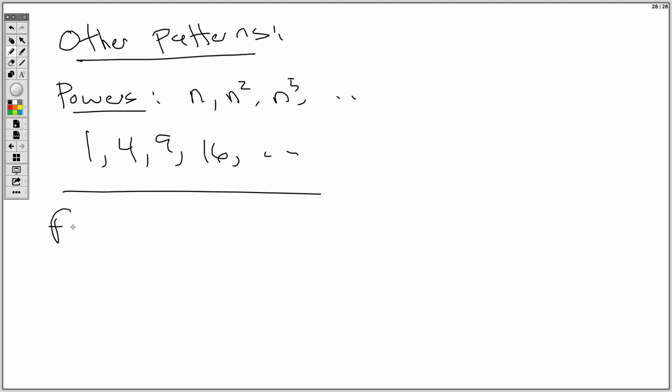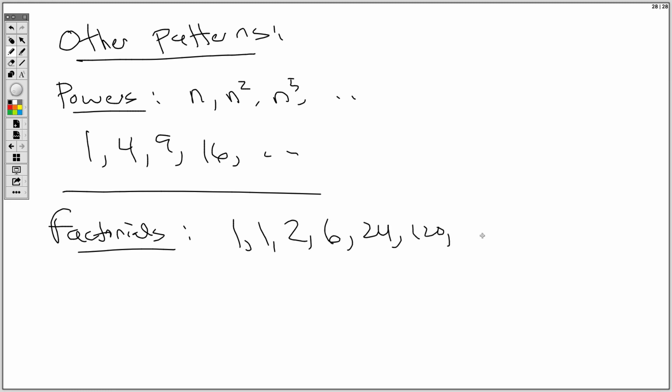And then the factorials, don't forget about them. They're going to come back strong next week. They're neither geometric nor arithmetic, but they're patterns you want to be on the lookout for.